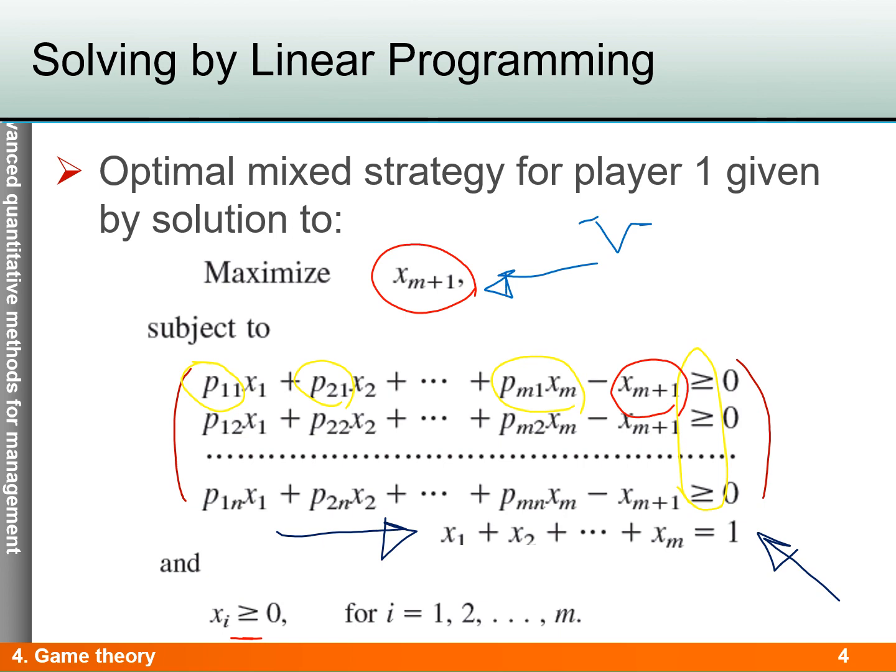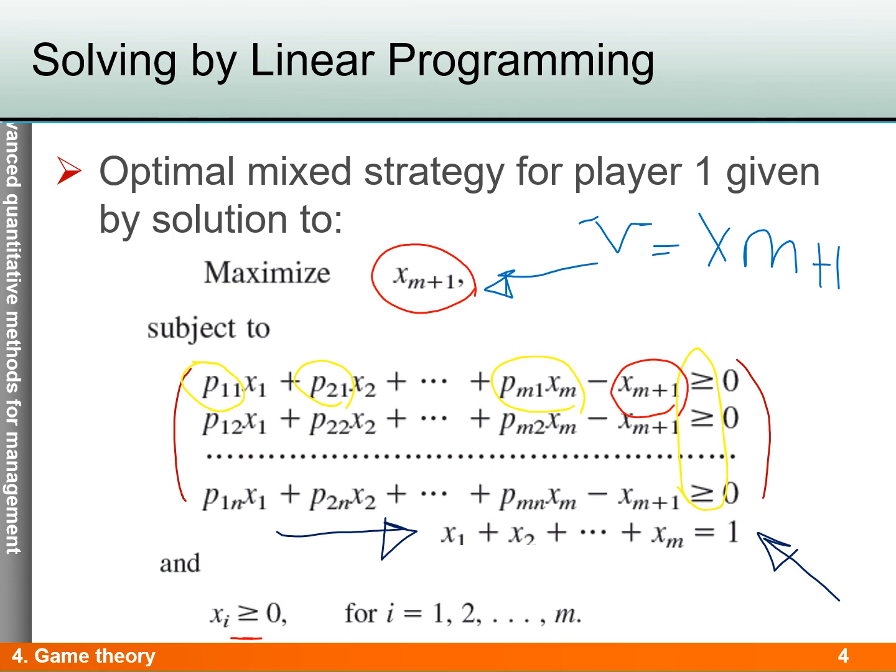If player 1 has 5 strategies, the value of the game is equal to x6. So this v is equal to x(m+1), depending on the number of strategies of one player.